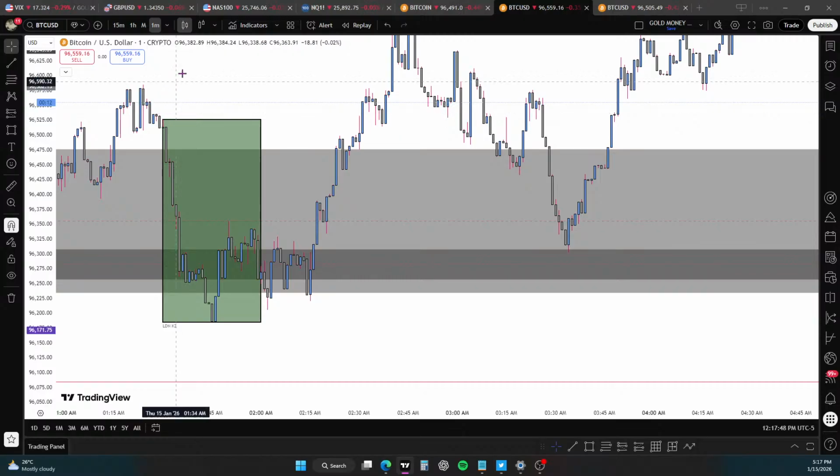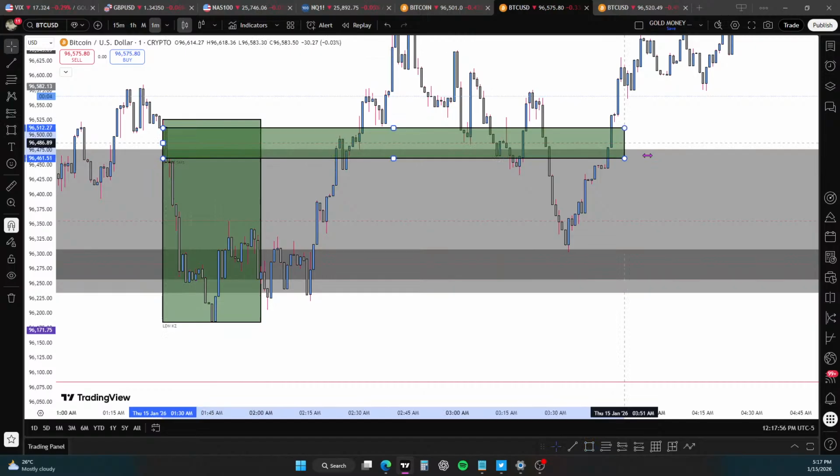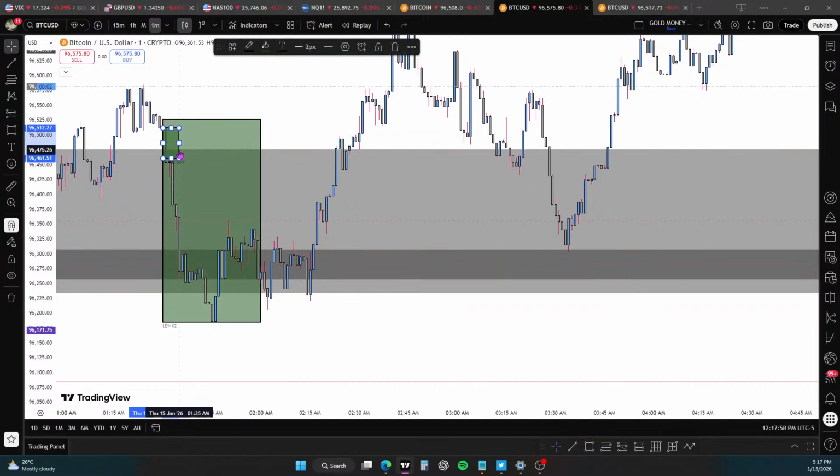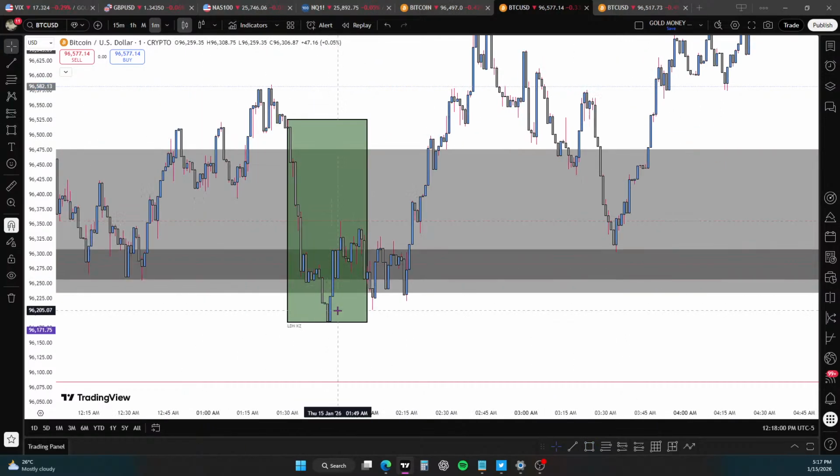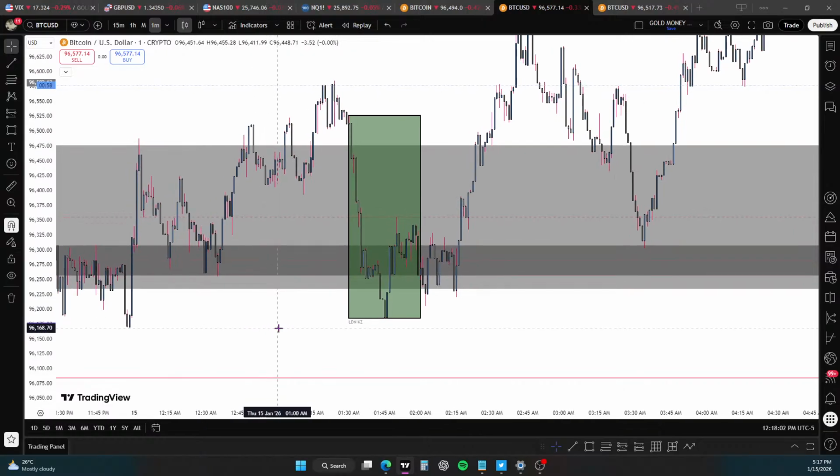So this fair value gap, although it does exist, you can't use that. It's not allowed. That's not the one.